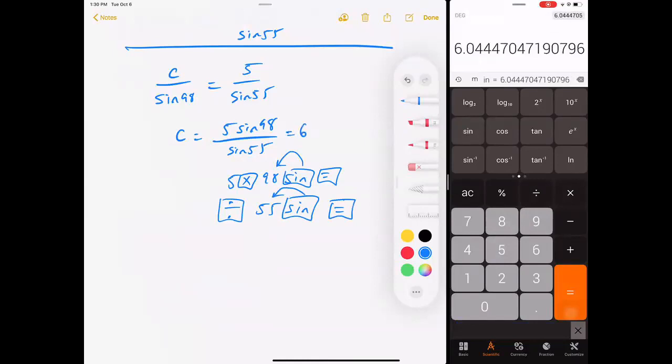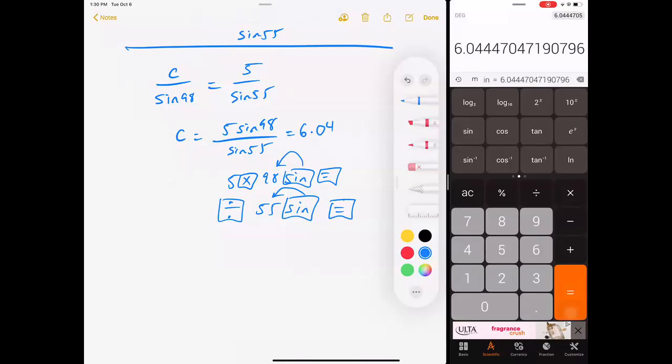I'm getting 6.04. I could be wrong. Let me do it again. Yeah, 6.04.